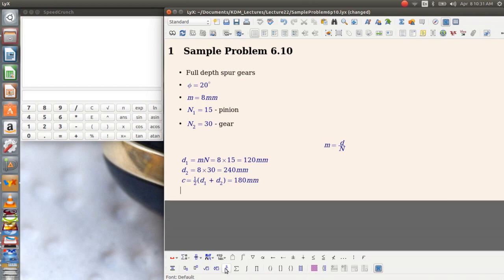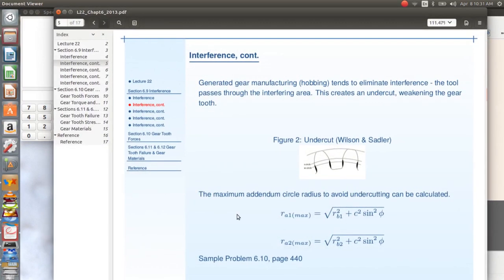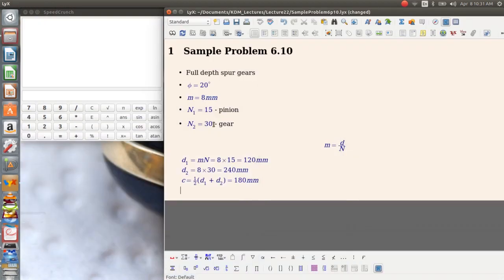Now if we flip back to the notes, do that momentarily, what we're trying to do is calculate the maximum addendum circle radius that the gear can have in order to avoid undercutting. So that's this formula. Let's go ahead and reproduce that just so we don't forget it.